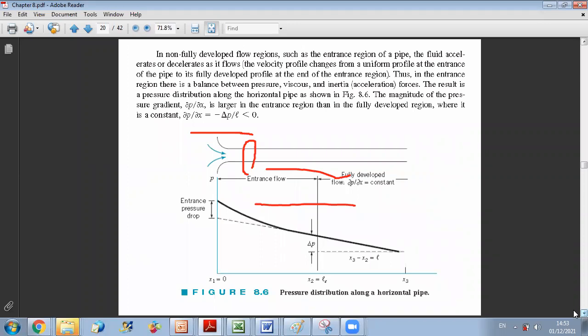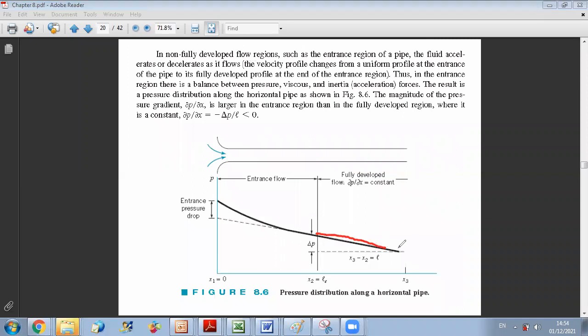Now, this graph shows you how, in the entrance region, you have variation of properties. If you remember, when we talked about fully developed laminar flow, we demonstrated together that in the region of fully developed flow, the pressure gradient is constant. While for the entrance region, if you measure the pressure variation and draw it, you will not have a linear variation of pressure.